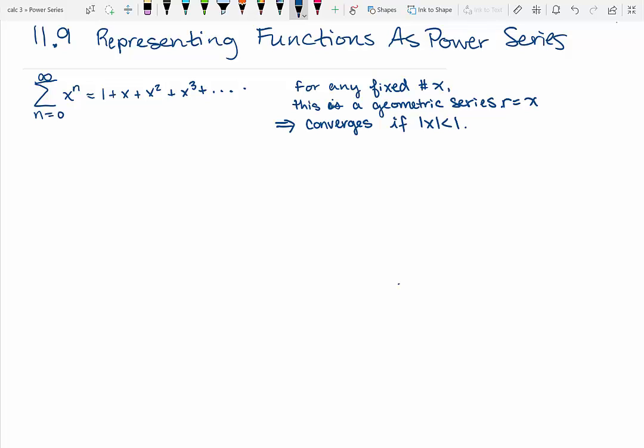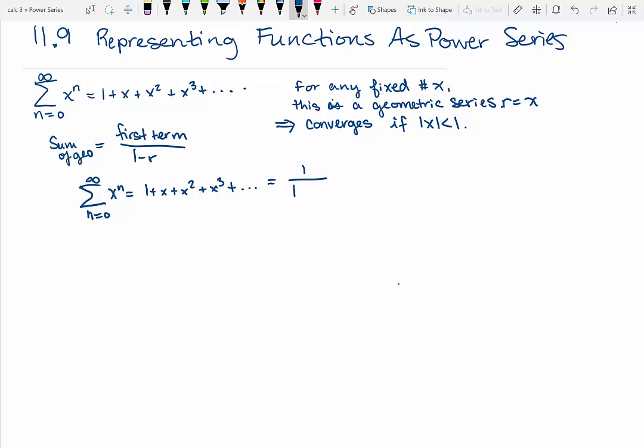The sum of a geometric series is the first term divided by 1 minus the ratio. So the sum, as n goes from 0 to infinity of x to the nth power, is equal to the first term, 1, divided by 1 minus the ratio, which is x.